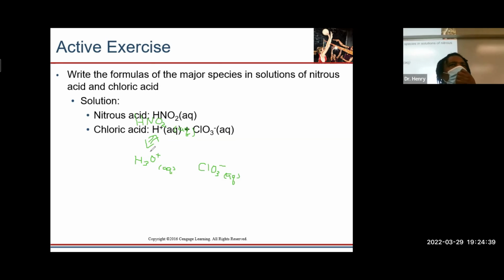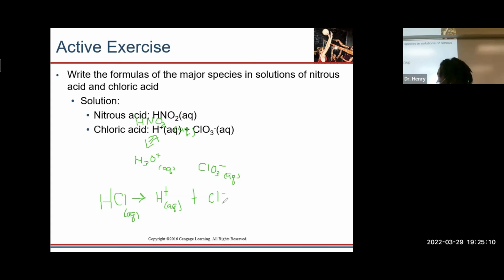So, to keep the numbers balanced, you'll see that early on we often use just H to represent the acid. Say we have hydrochloric acid, we put this in aq. And then we would just put H plus aq plus Cl minus.